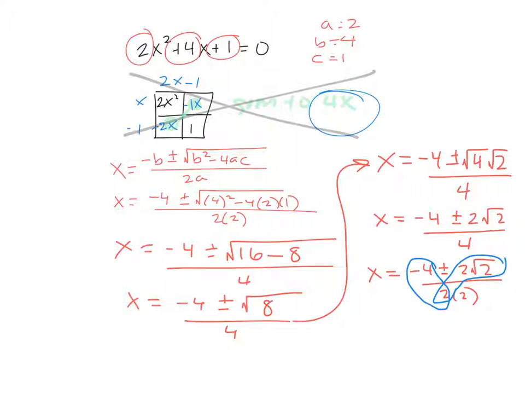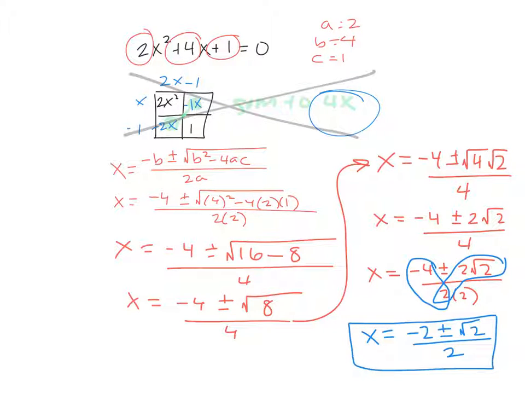So I'm going to get negative 4 divided by 2 is negative 2. 2 root 2 divided by 2 is just root 2. And then we still have one of the 2's left in the denominator because we only divided negative 4 and 2 root 2 by 2. We didn't divide it by 4. And so that is our most simplified solution.